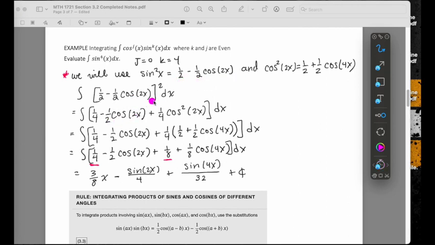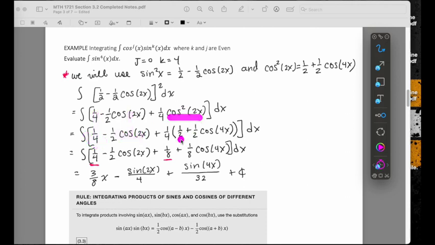And then when I square this, I get 1/4 minus 1/2 cosine 2x plus 1/4 cosine squared 2x dx. And then I can use this to replace cosine squared. This here with this here. The rest of it is just going to get copied down.